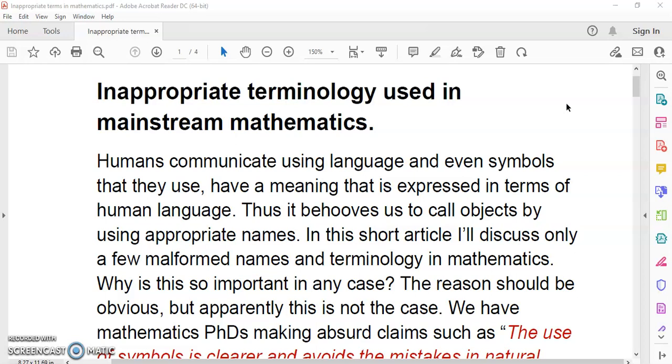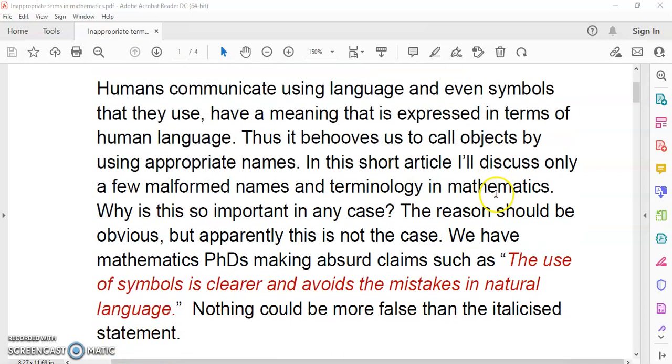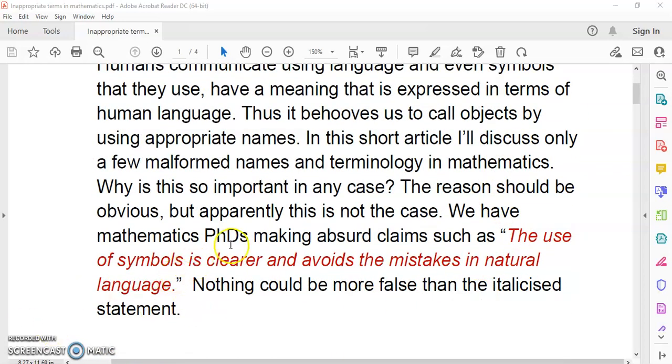So the reason that we should strive to use appropriate names is obvious, but apparently not in the case of mainstream PhDs who make absurd claims such as this: "The use of symbols is clearer and avoids the mistakes in natural language." Well, I can't imagine anything more stupid than that. One might say the audible words are also symbols.